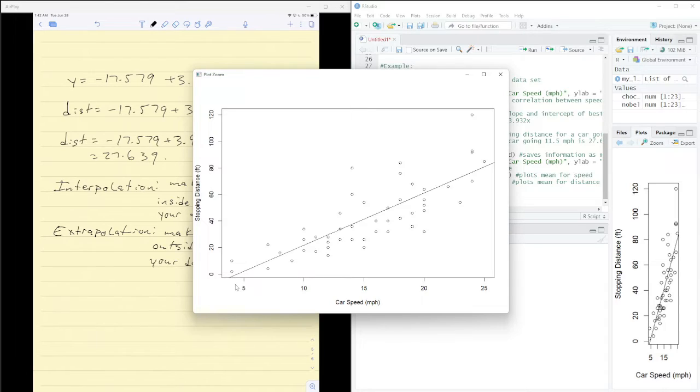For example, let's take this line and think about for a moment to yourself what the stopping distance should be if the car speed is 0 miles per hour. If the car speed is 0 miles per hour, it should take 0 feet to stop because it's already stopped, right? But see what happens when you plug in 0 to this line.